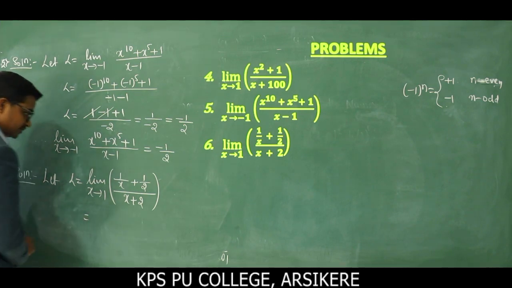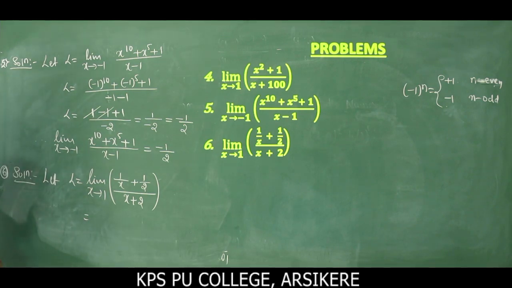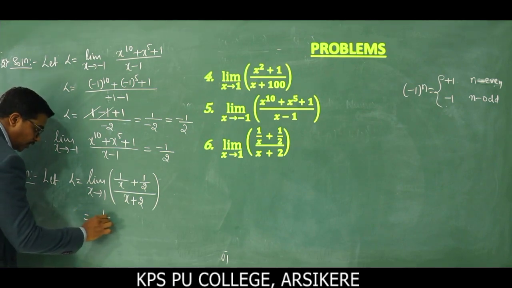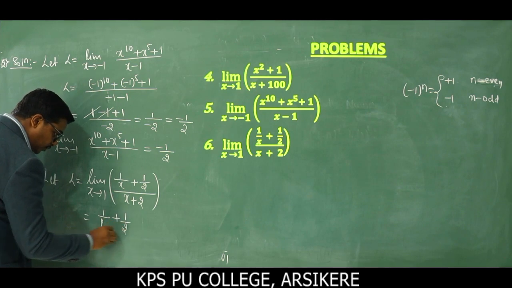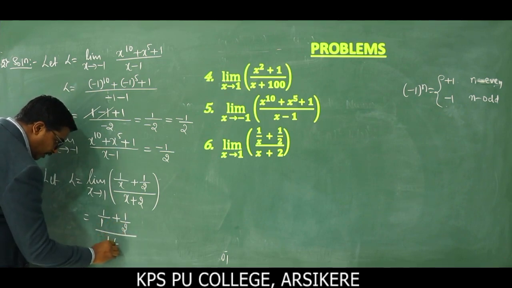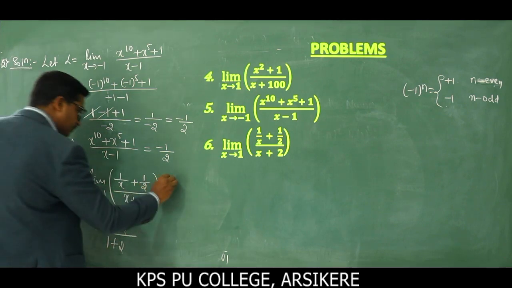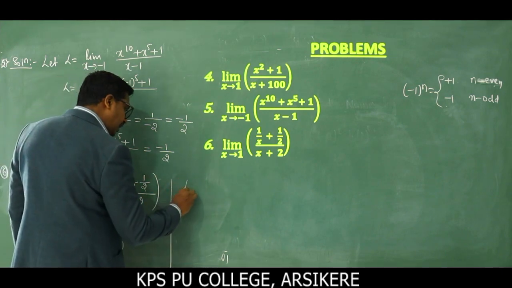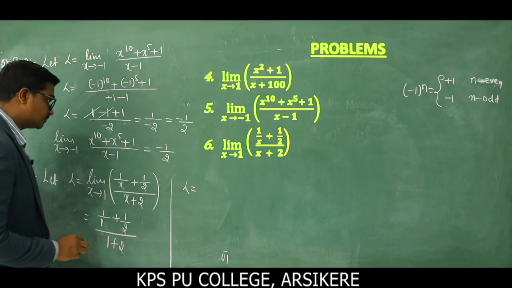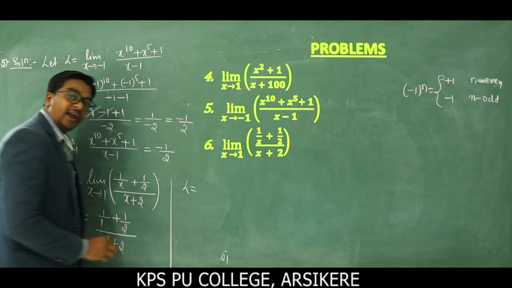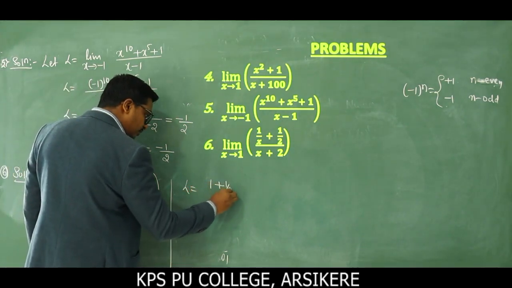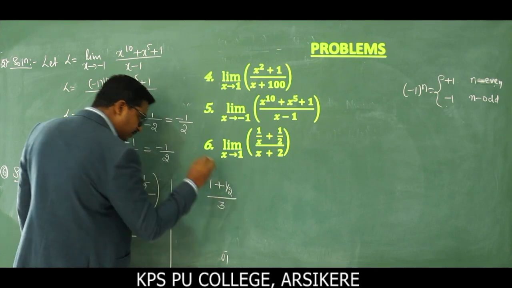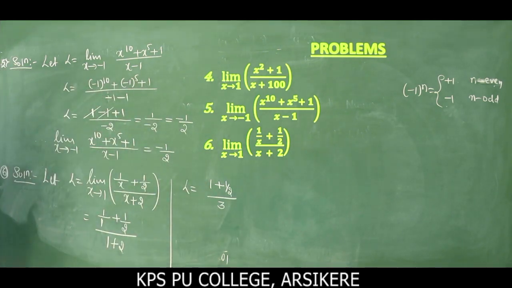So just replace x with 1 here. We get 1 divided by 1 plus 1 divided by 2, whole divided by 1 plus 2. Therefore L is equal to 1 divided by 1 is 1, plus 1 divided by 2, whole divided by 3, since 1 plus 2 is 3.